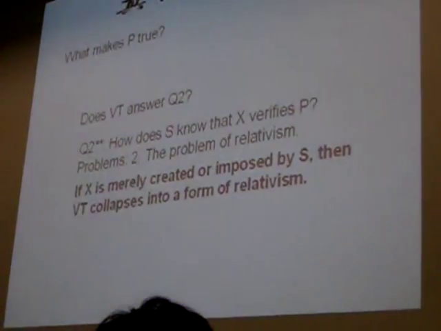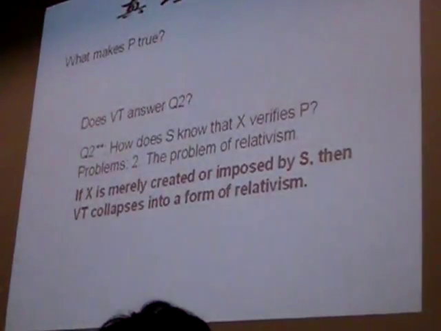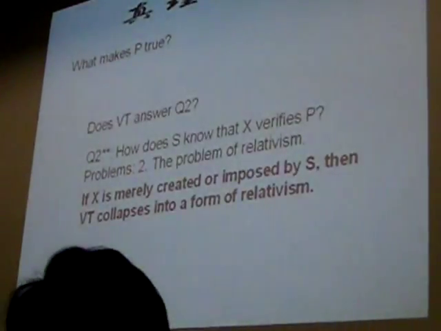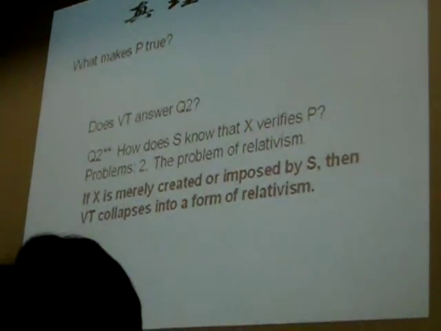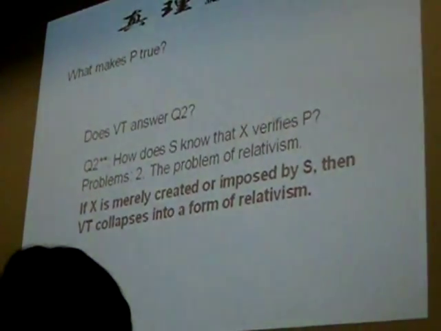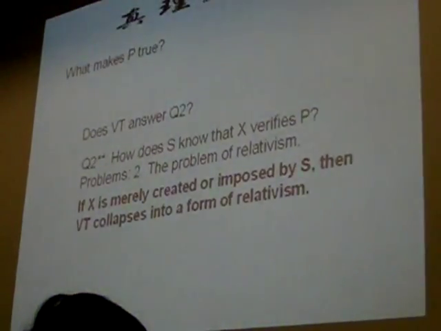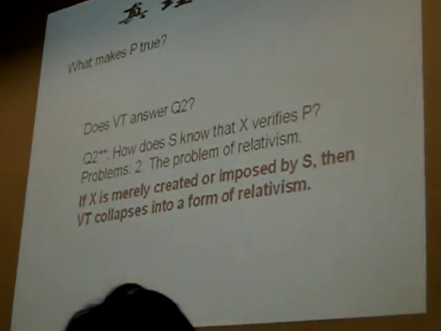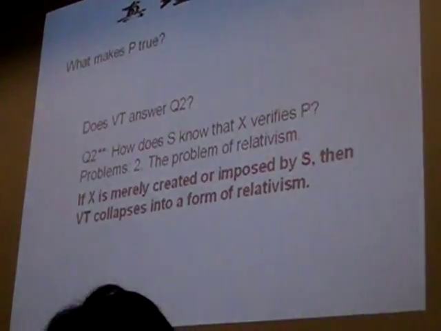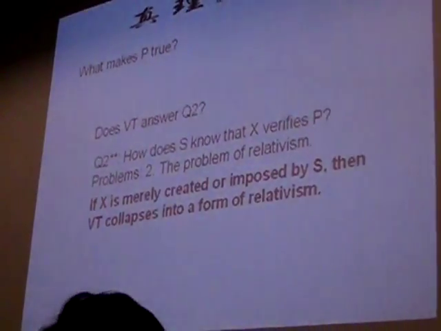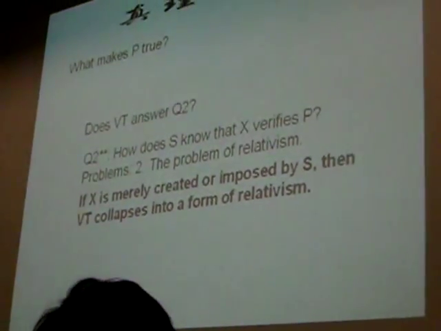However, if the proponents of VT naman claim that there is no real standard or real criterion that would justify his claim that X verifies P, supposing that X is merely created or imposed by S, then VT collapses into a form of relativism. Supposing that I have a friend and I hate him, and I claim that you are ugly.